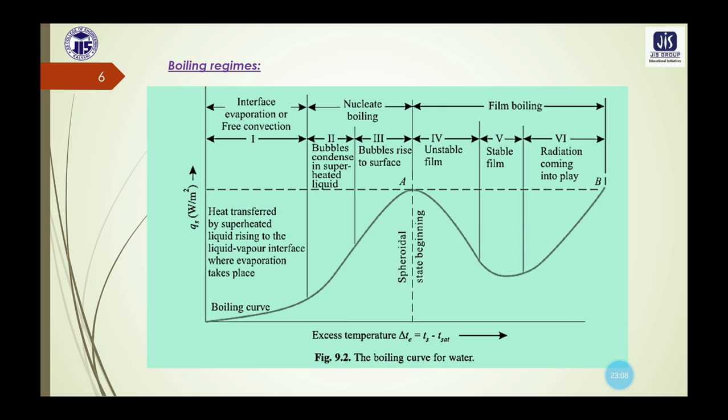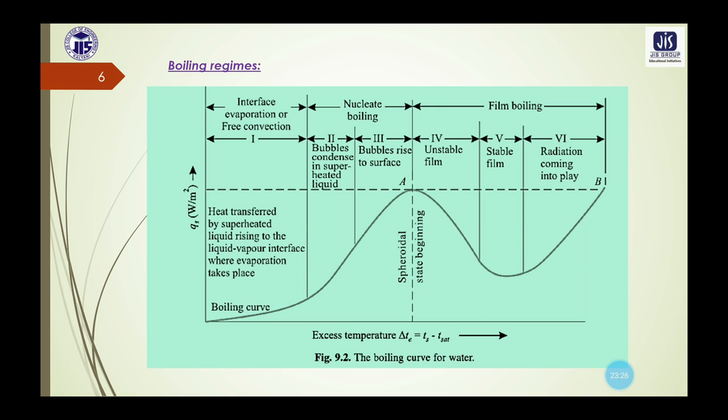Now if the excess temperature is further increased, then the vapor film is stabilized and the heating surface is completely covered by a vapor blanket, and the heat flux is at its lowest, which we can see in this zone 5 or region 5.